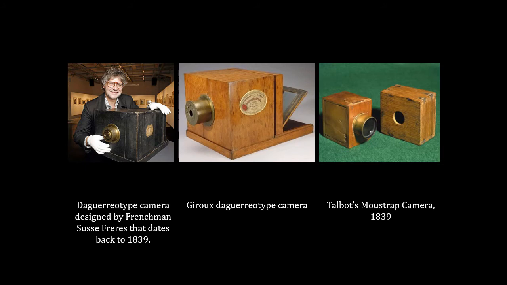So you can see these more streamlined, better designs for Daguerre cameras, whereas Talbot's camera at this time is still very crude and very basic. The Daguerre, you can see the one on the left where it has the bellows, so you can focus with it. Far more high tech than the other cameras, because of the commercial success that it has.